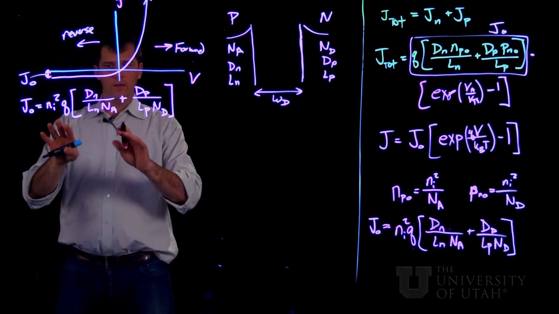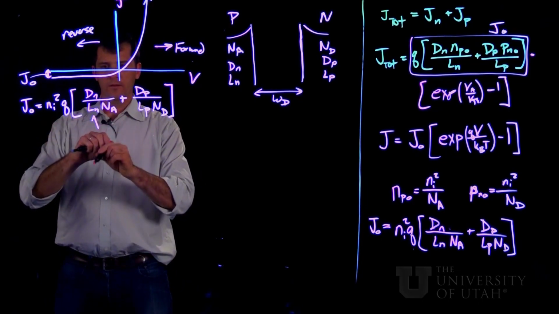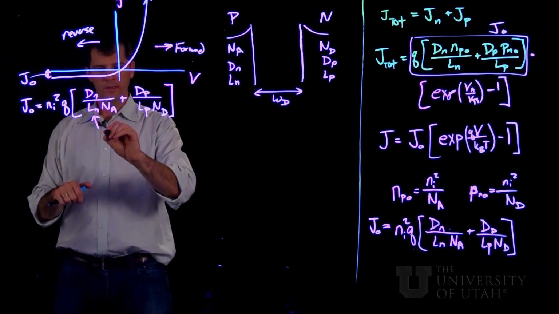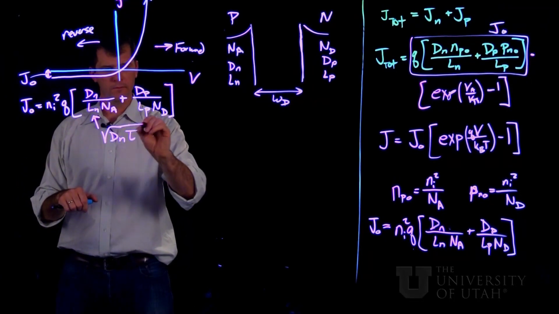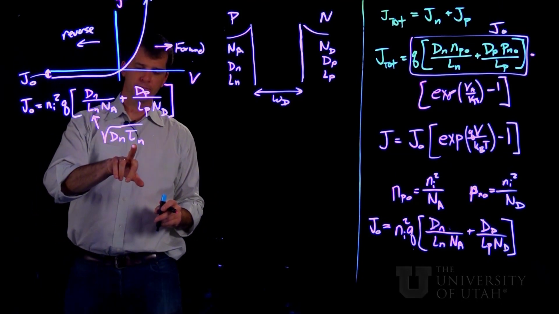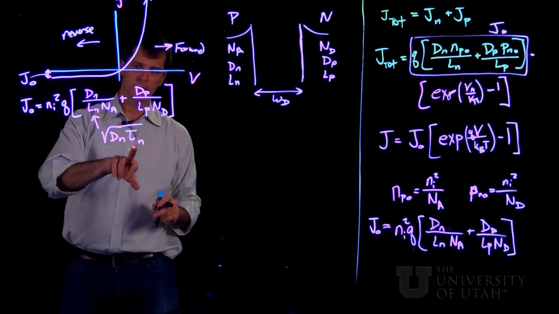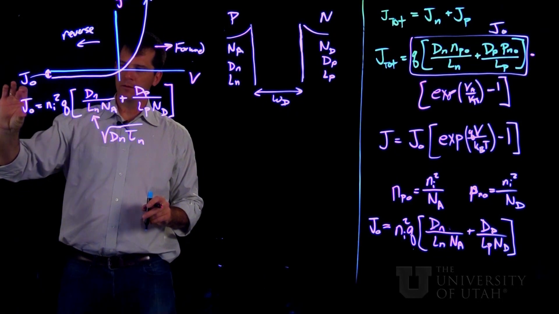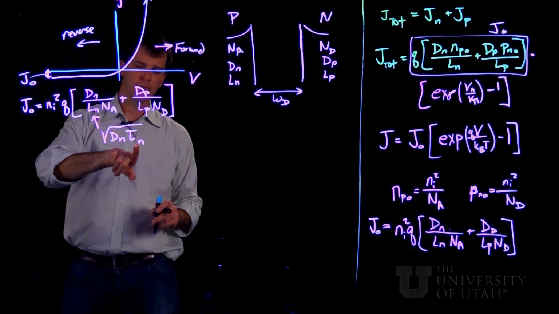Now, we remember that Ln is the square root of D tau. Because the minority carrier lifetime appears in this expression, we can see that our J0 will get very small if our minority carrier lifetimes are large.